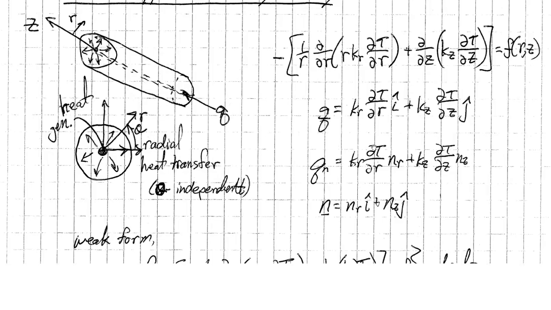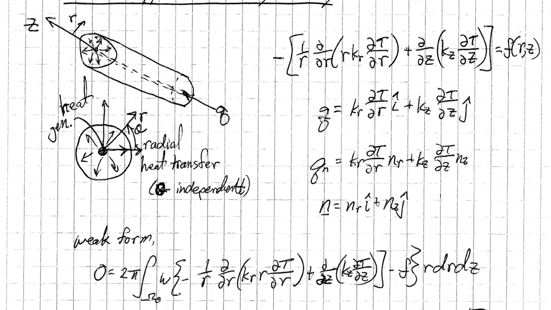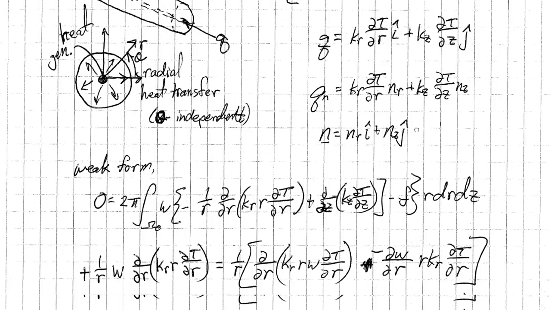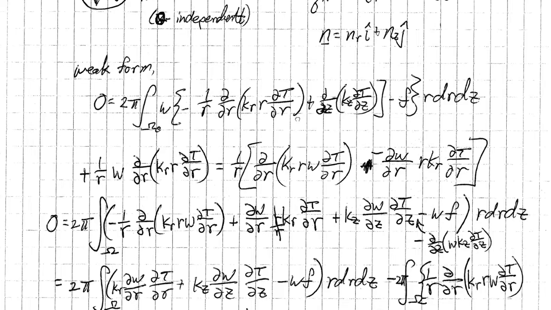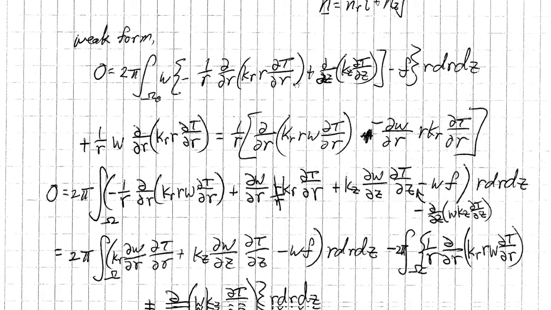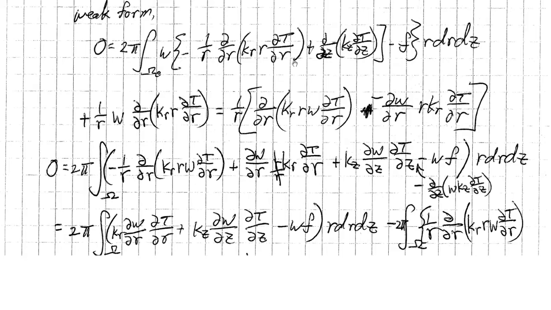So we define our vector, our heat transfer, or our flux, as a variation in the I and J direction given here, which corresponds to the radial and the Z direction. Okay? So our unit normals are again in radial and Z. So we can take this ODE, or actually PDE, and put it into a weak form.